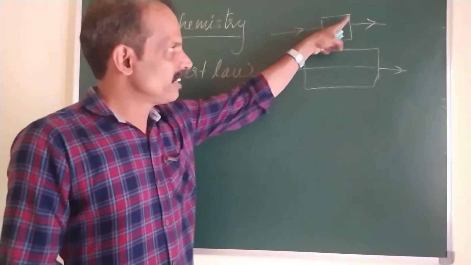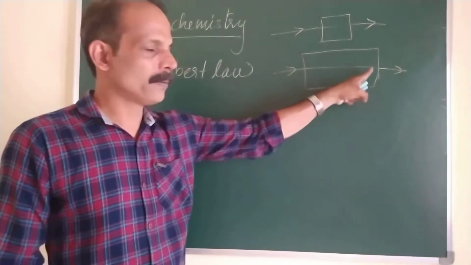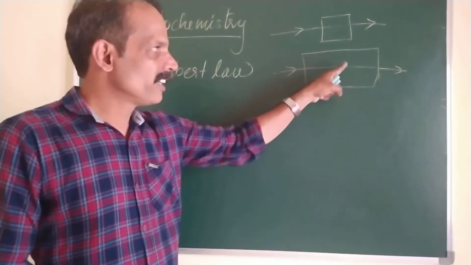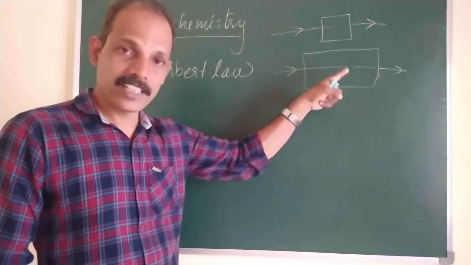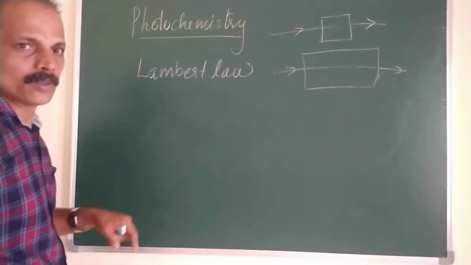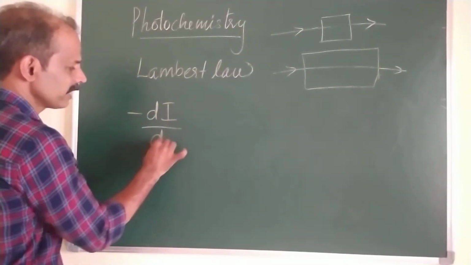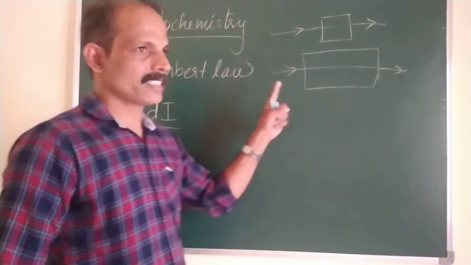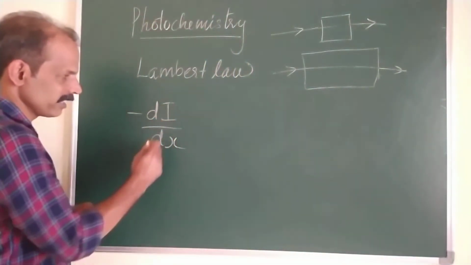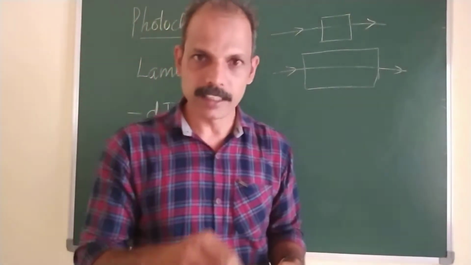Here the thickness is very high, so the decrease in intensity is very high compared to the other one. So according to this law, the decrease in intensity dI with the thickness x, where x is the length or thickness, we put a negative sign because the intensity is decreasing.